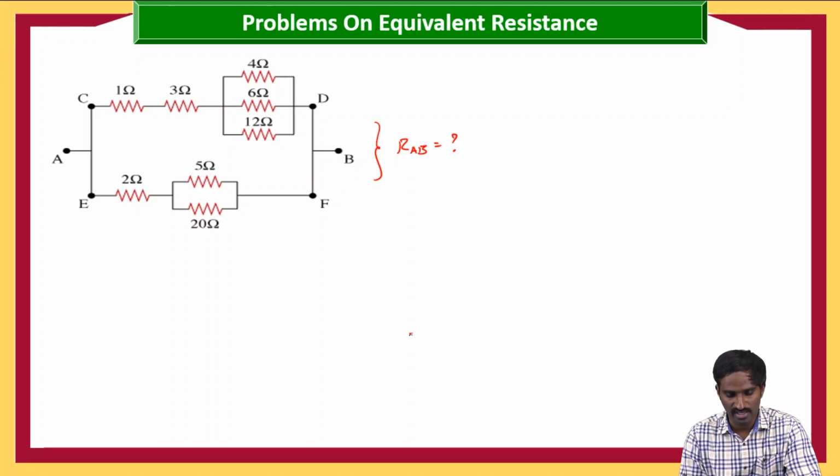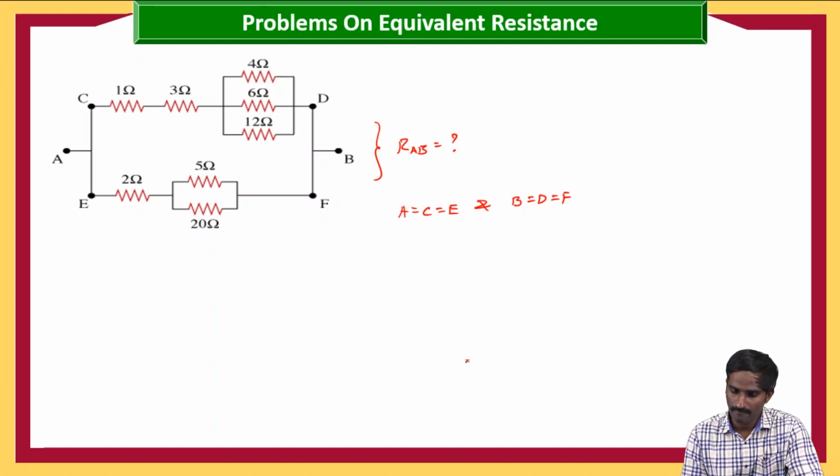Of course, A is equal to C is equal to E terminal, and similarly B is equal to D is equal to F.